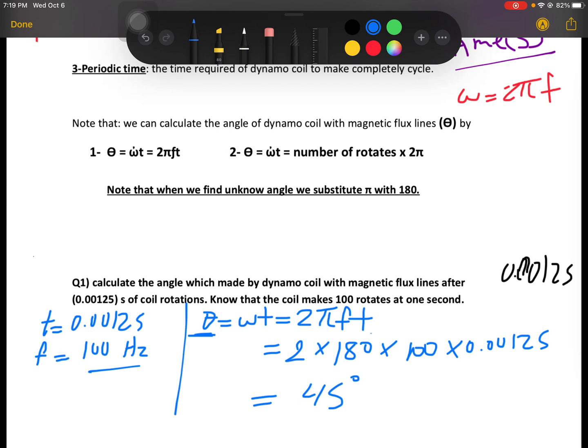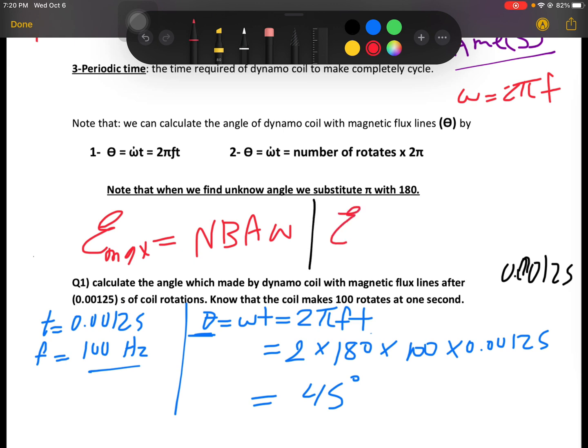Okay, thank you. That is all for how we can find the unknown theta. Some related expressions: you have to memorize the basic rules, which say that Emax equals NBA omega, and also you have to memorize that E equals Emax sine omega t.